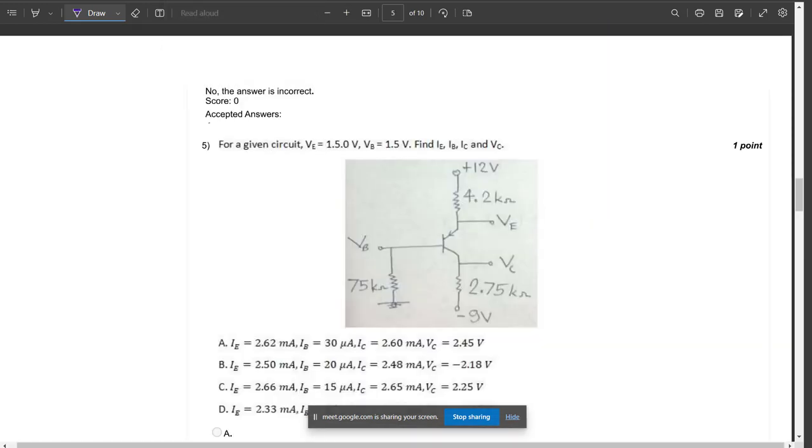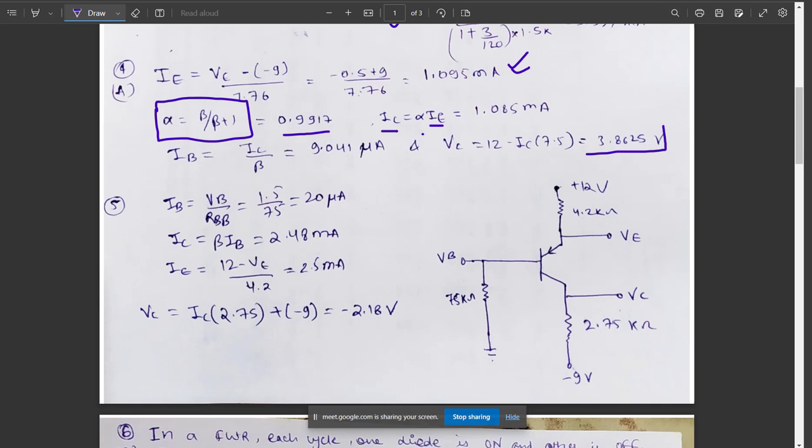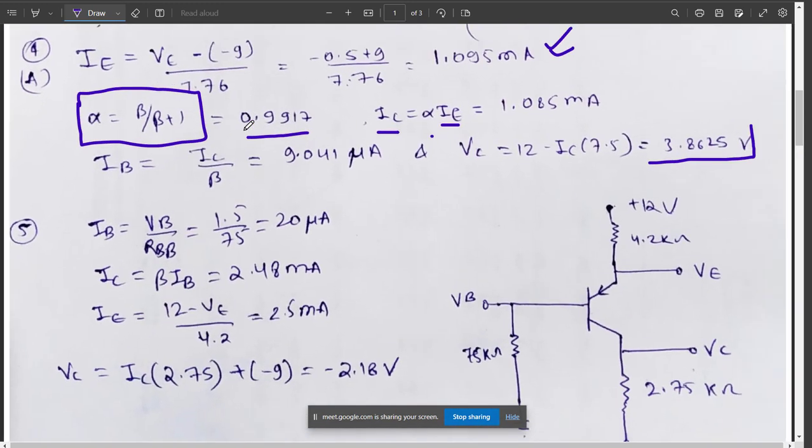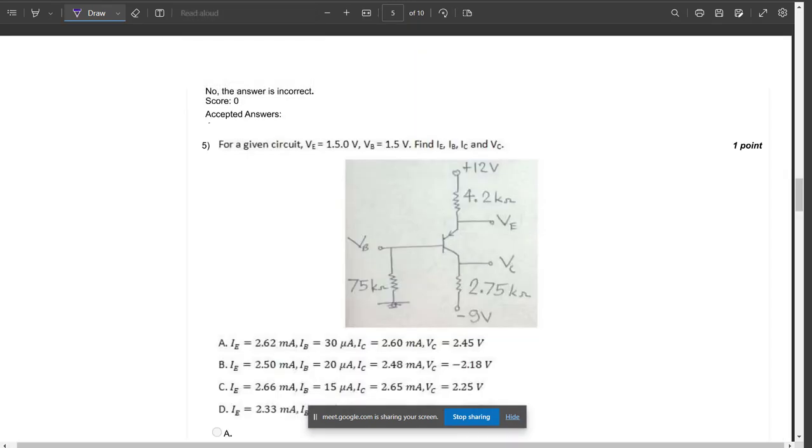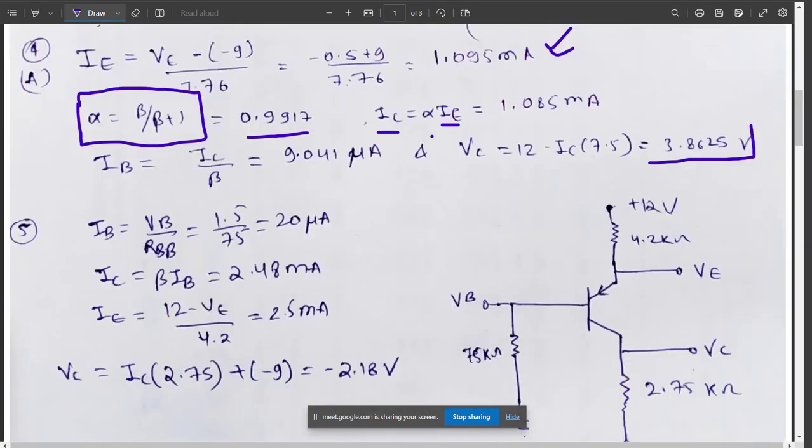VE is, I guess, 12 minus... V is not given here properly. One second. Yes, it is 1.5.